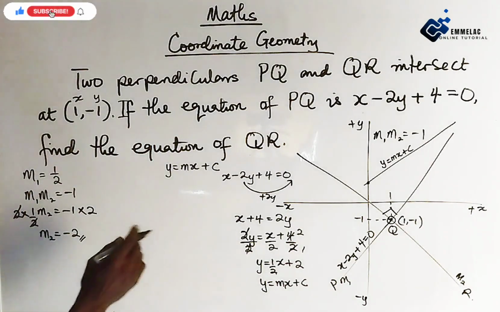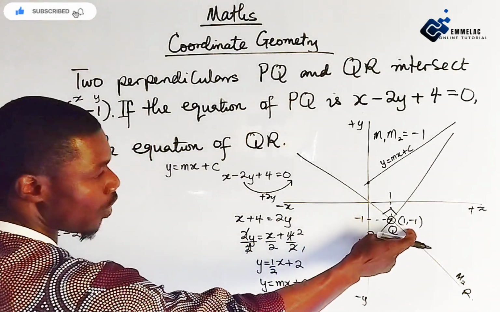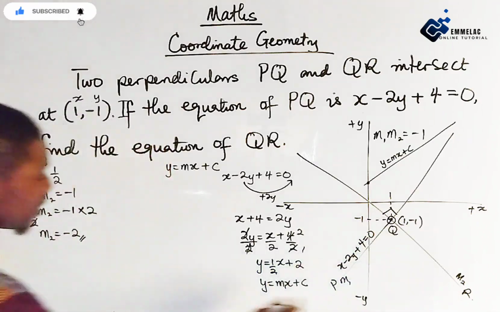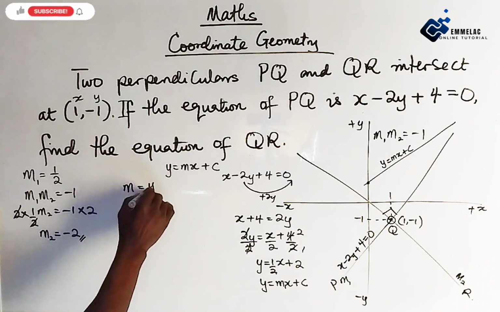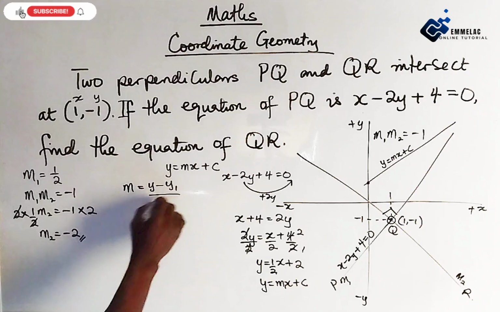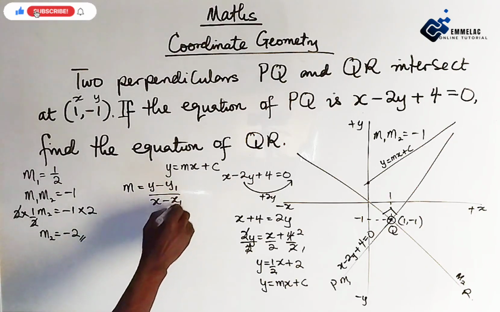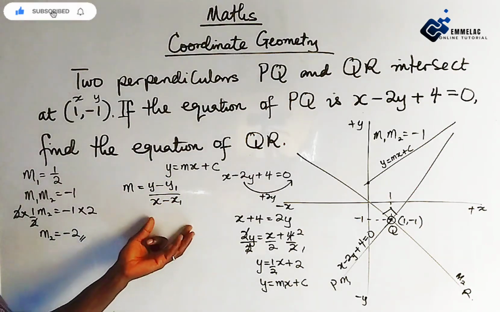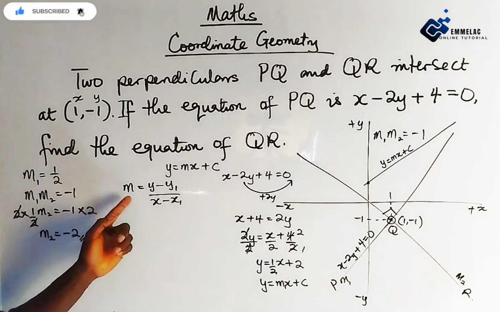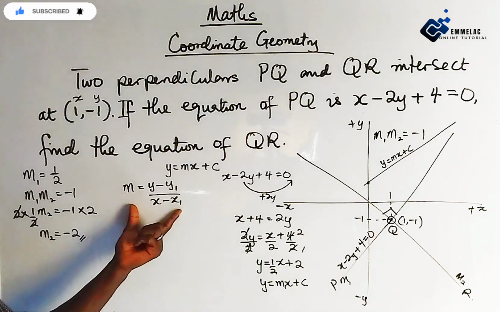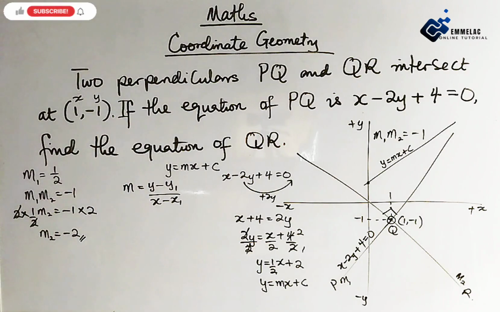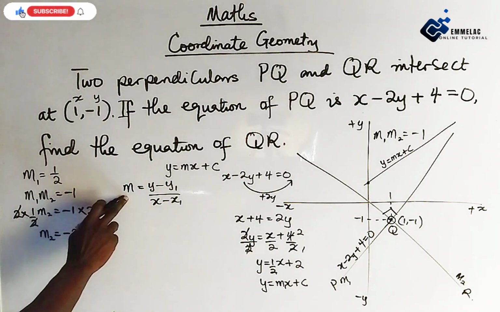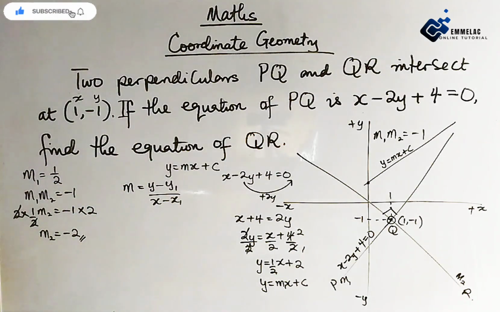We know that when we have one coordinate and a gradient, m equals y minus y1 all over x minus x1. This is the equation we need to find the equation of QR, since we have one gradient and one coordinate.